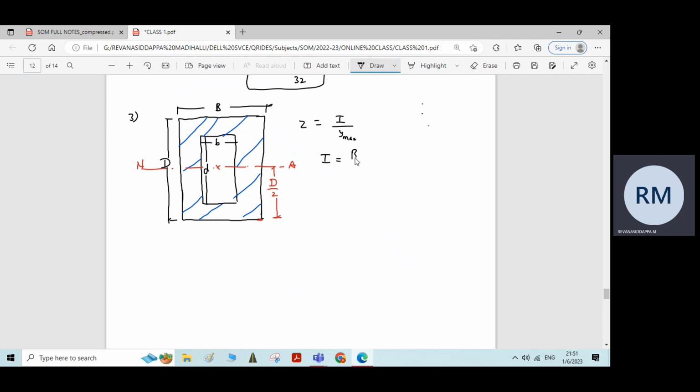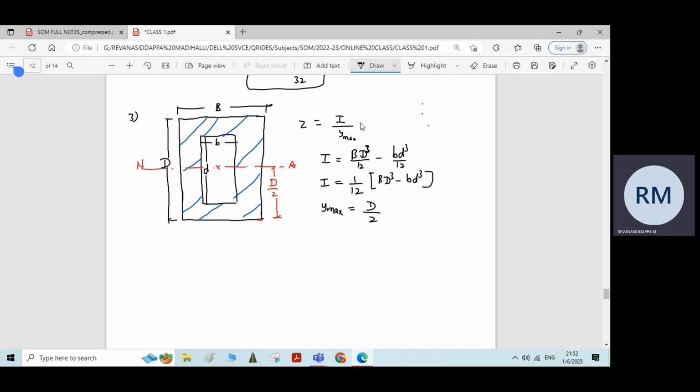So capital B capital D cube by 12 minus small b small d cube by 12. I is equal to 1 by 12 into (BD cube minus bd cube), and y max will be equal to capital D by 2.